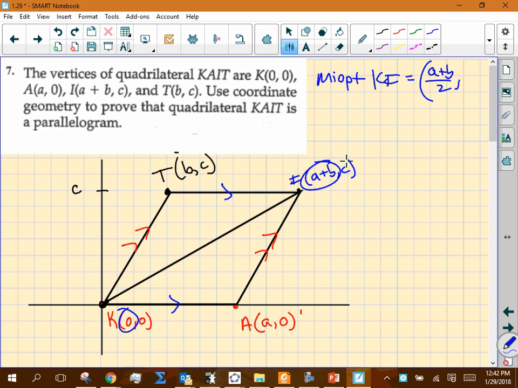Now we do the same thing for my y's. I'll take that y value and that y value, and add them together. What does that give you? C. I'm going to divide that by 2, and there's my midpoint of that diagonal. Now let's find the midpoint of the other diagonal.